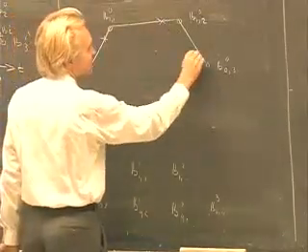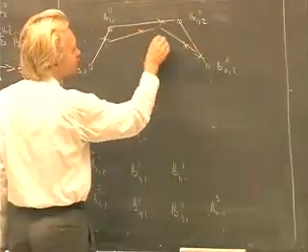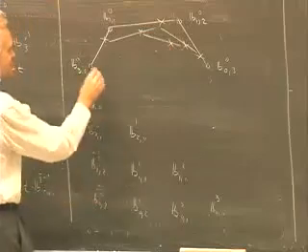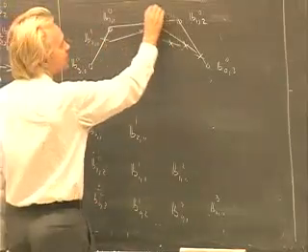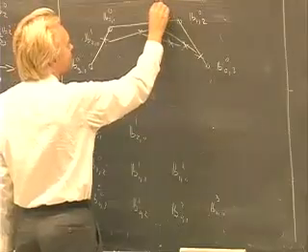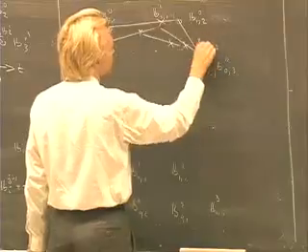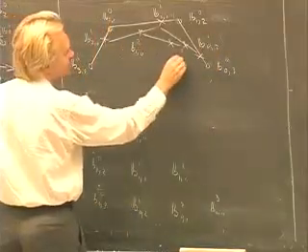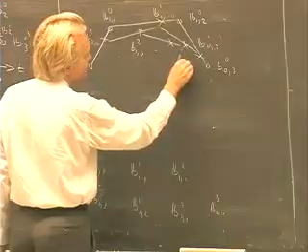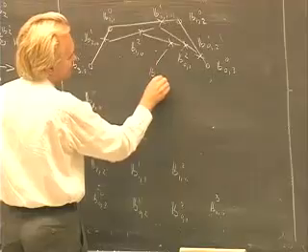These are the same points as previously, but they have different names. So the names for these are now B2,01, B1,1, B0,21. This point is B1,02. This point is B0,2, and this point is B0,03.